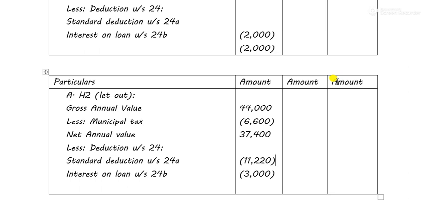So 37,400 minus 11,220 minus 3,000 is equal to 23,180. So my income from house property from house 2 is 23,180.